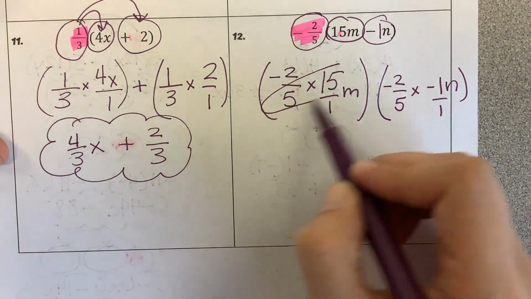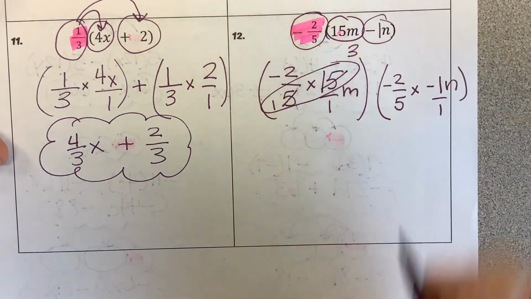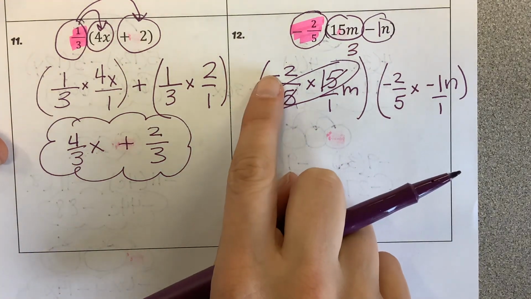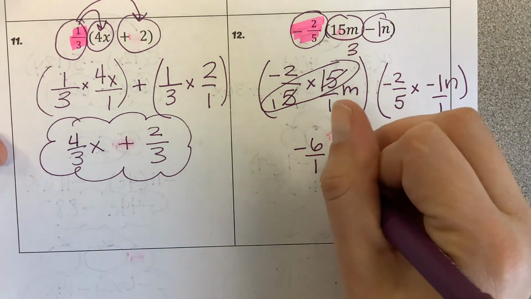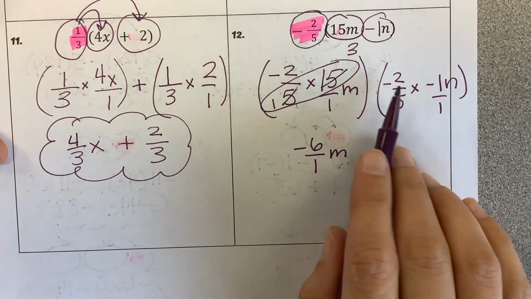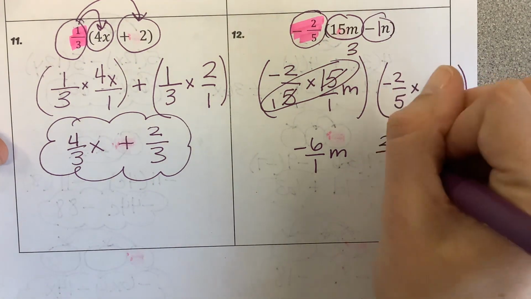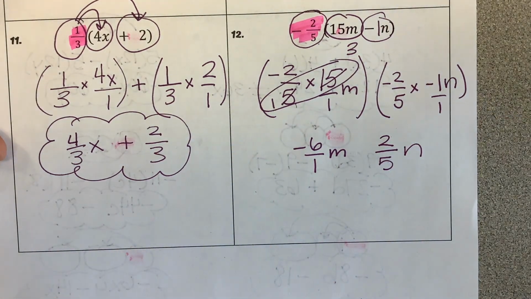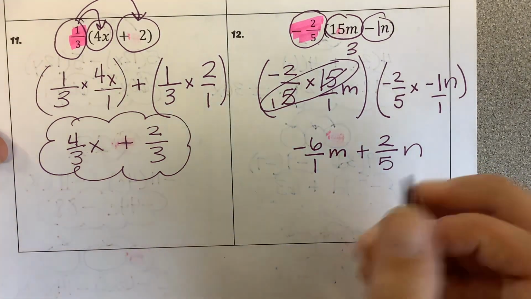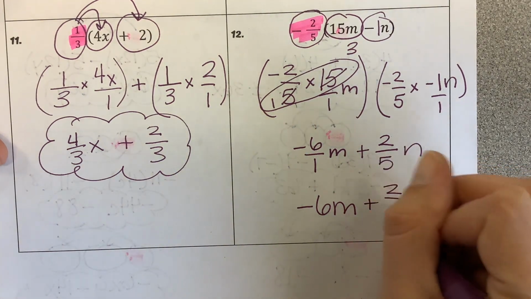To simplify here, the 5 and the 15, they divide by 5. This becomes 1, this becomes 3. So when I'm multiplying, it's -2 times 3, which is -6 over 1m. And here we have -2 times -1 is +2 over 5 times 1, 5n. Since it's positive, we are adding. I could also look at this, -6 over 1 is just -6m plus 2/5 n.